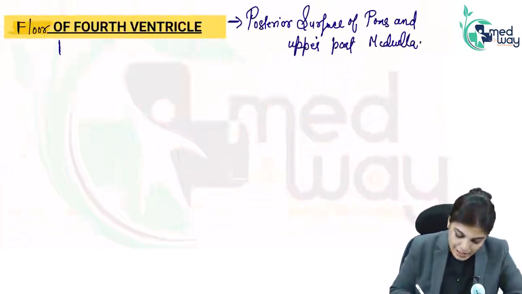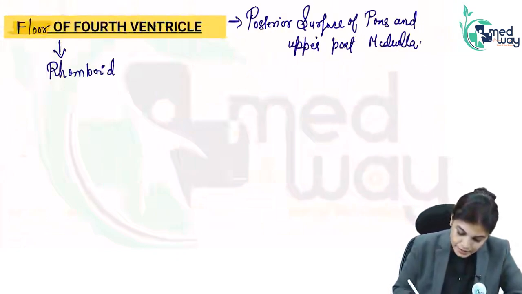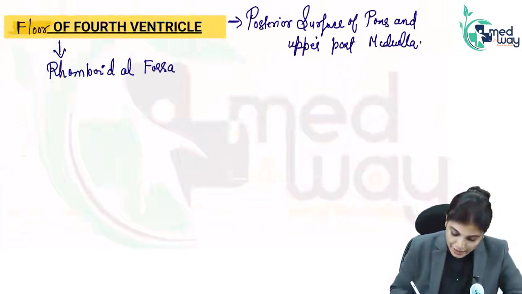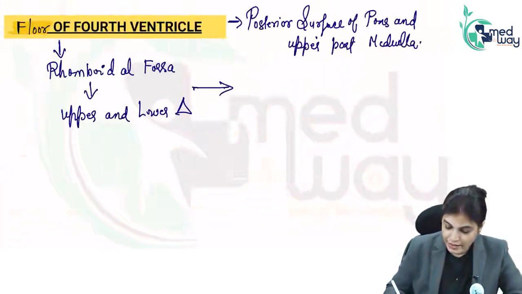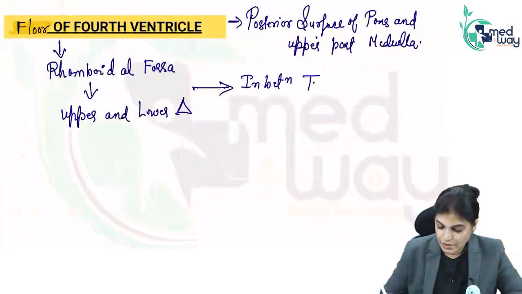So overall shape is also called as rhomboidal fossa, which will be diamond shape, but it is divided into upper and lower triangular area.